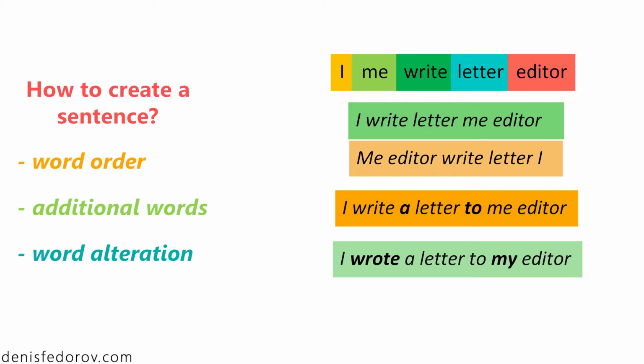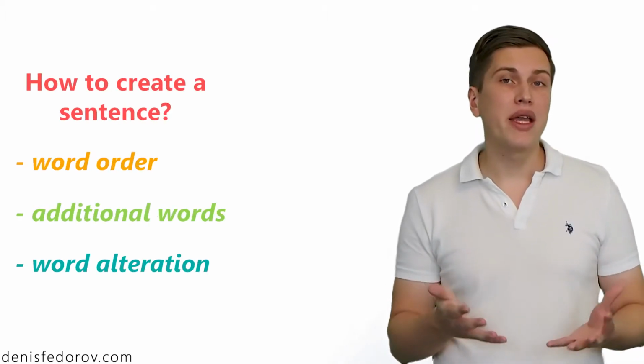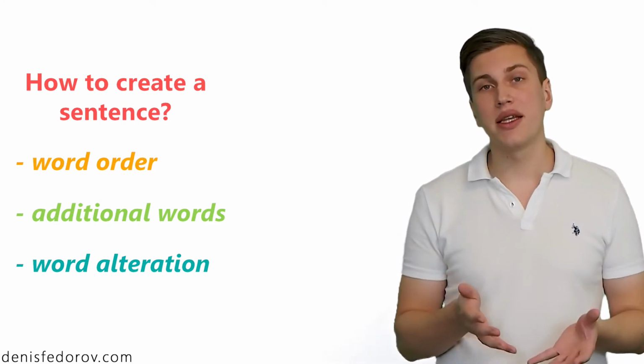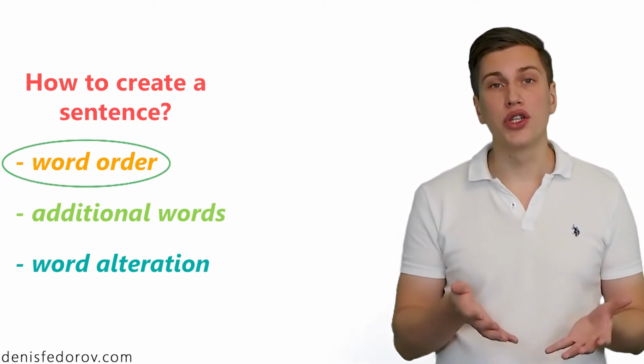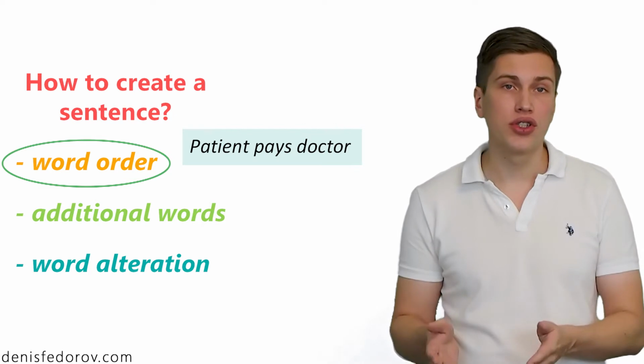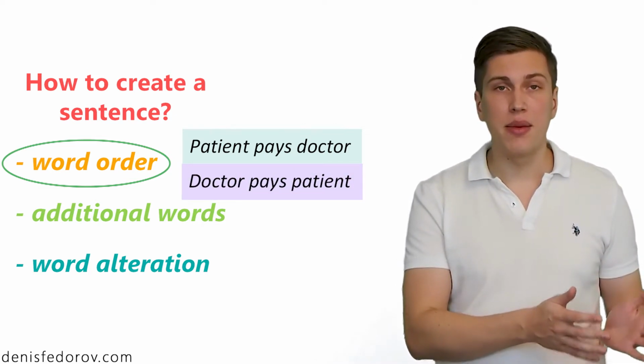These three instruments are used both in Russian and English, but each of these instruments has a different influence and role in our languages. Probably your main instrument in English to form a sentence is the word order. Patient pays doctor, doctor pays patient.